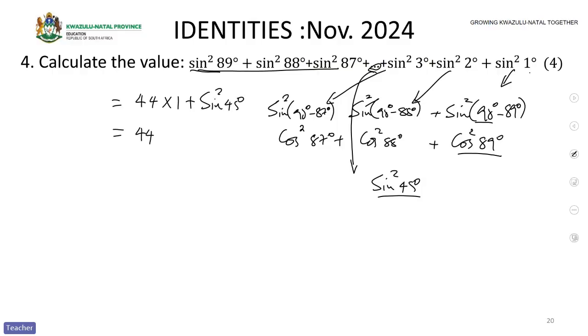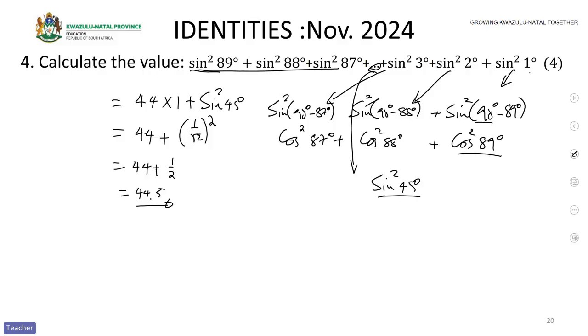And this one will be what? Will be the special angle. So what is sin squared 45 degrees? It is going to be 1 over root 2 all squared, which will be half. So 44 plus half is going to be 44.5. Without the use of a calculator, yes, we know that if we take 44 and add half, it's going to be 44.5.